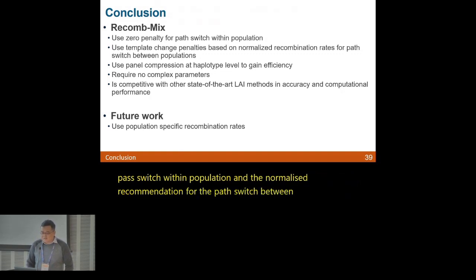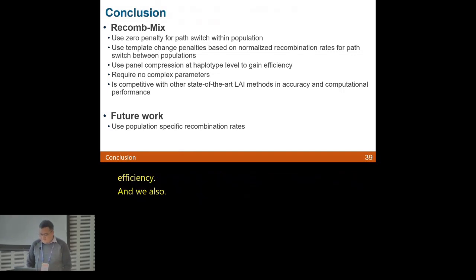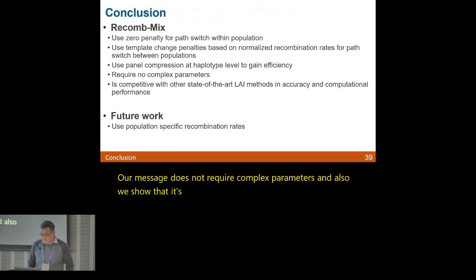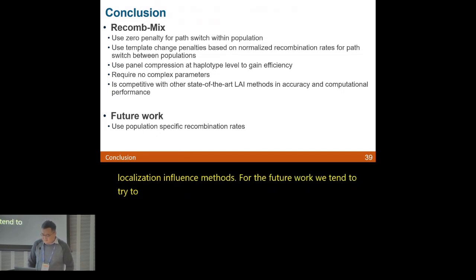We also use panel compression at the haplotype level to gain efficiency, and our method does not require complex parameters. We also show that it's competitive with other state-of-the-art local ancestry inference methods. For future work, we intend to use population-specific recombination rates to see if we can further improve the accuracy.